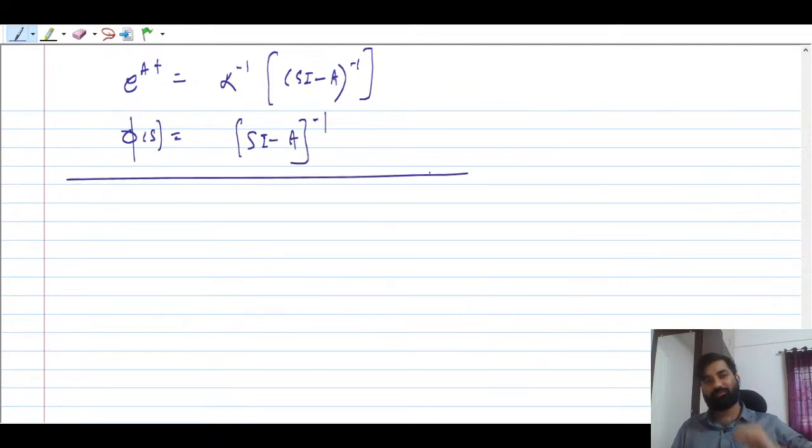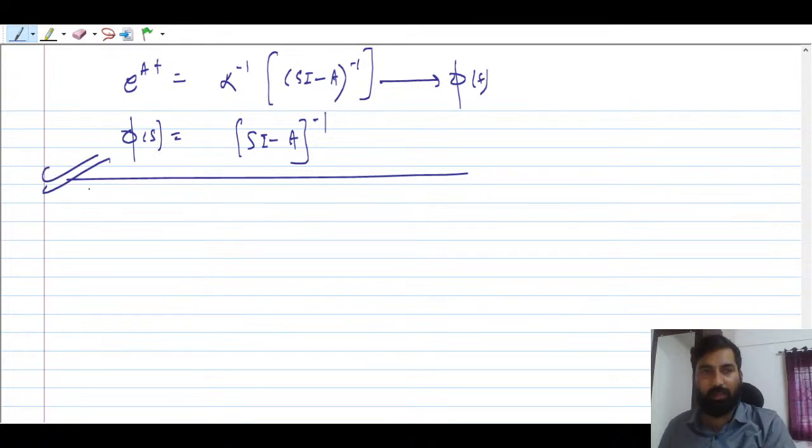Simple. So for the state transition matrix, you find the inverse of sI minus A, then take the inverse Laplace transform to get it in the time domain as phi(t). But since this is in the Laplace domain, you don't have to do anything. Just find (sI minus A) inverse, which is the Laplace transform of the state transition matrix, phi(s).